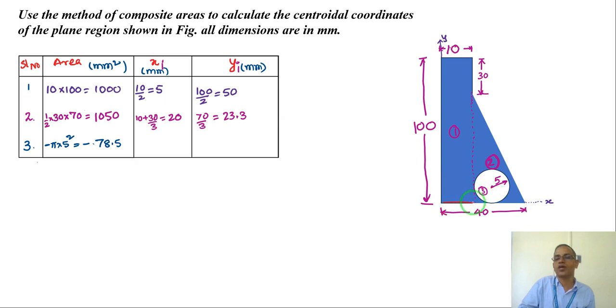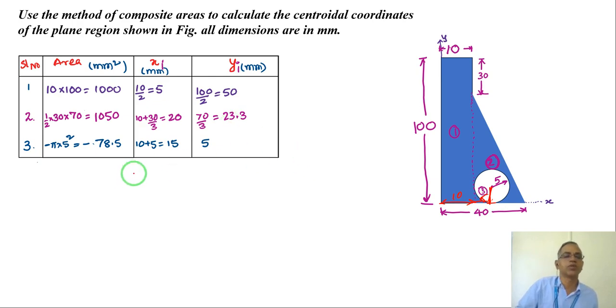Up to here I have 10, plus up to here is the radius of the circle, which is 5. So 10 plus 5 is 15. I hope you understood. Now y, vertical: the center is at the radius, which is 5, and this circle is touching the x axis, so directly 5.